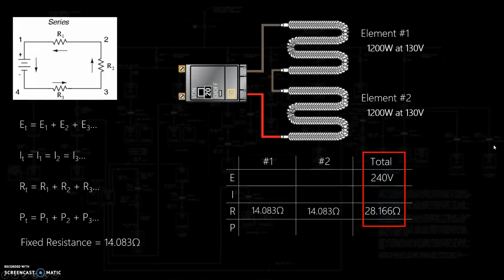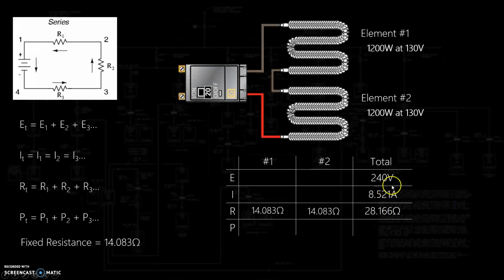Why is that important? Quite simply, Ohm's law: if I know two values, I can find the other two. I know E and I know R, and I want to find I. So E divided by R equals I.